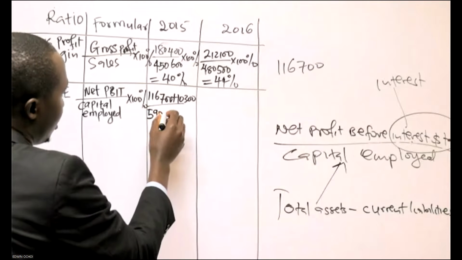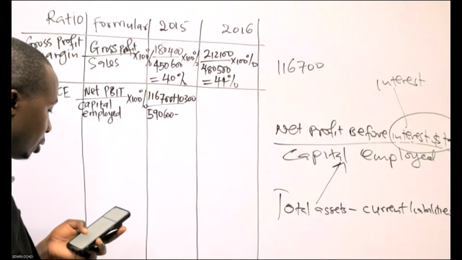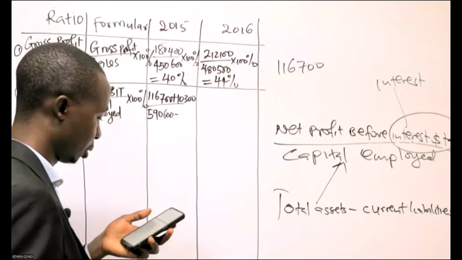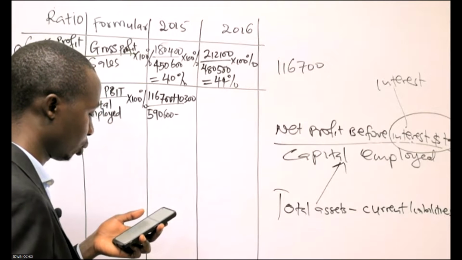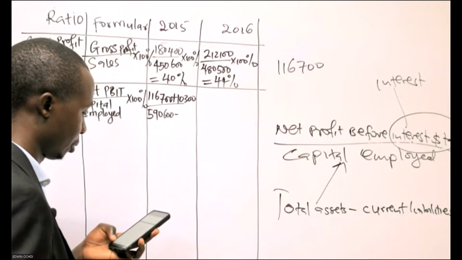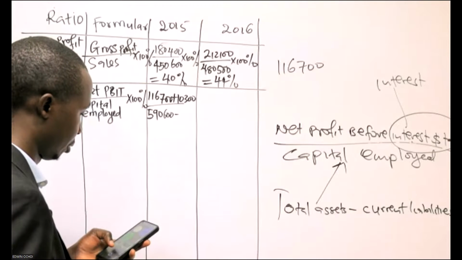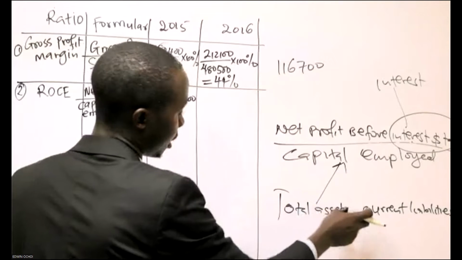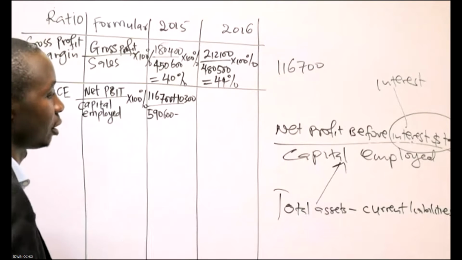Then you go to your statement of financial position for the current liabilities. No, it's current liabilities, not current assets. Yes, it's total assets minus current liabilities. The formula written is correct.